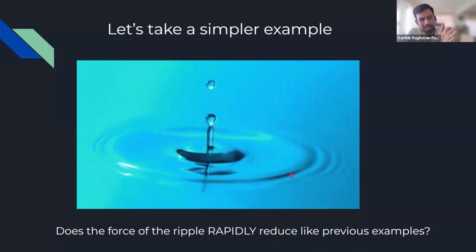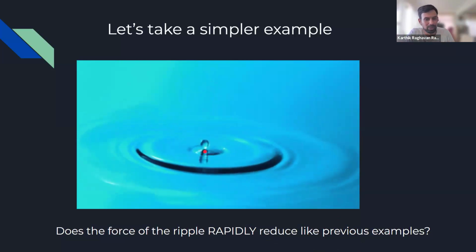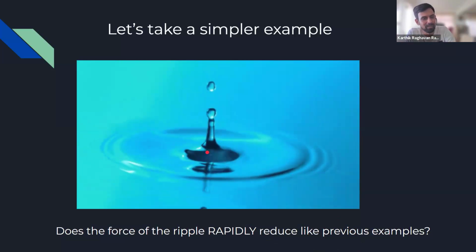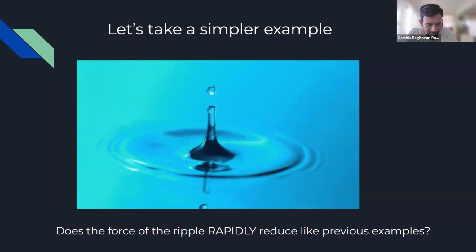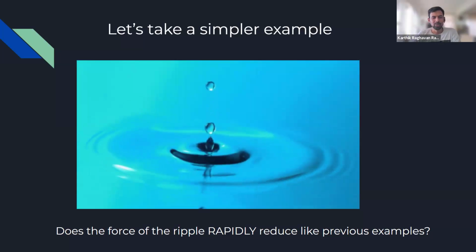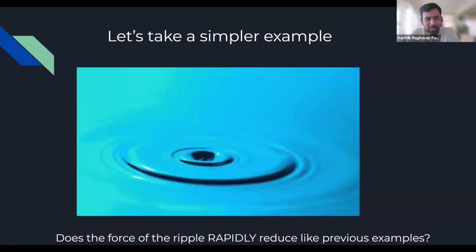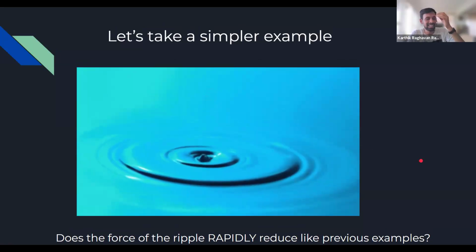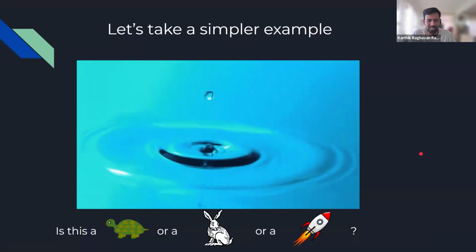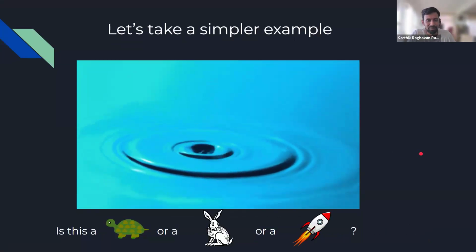We all know that force reduces as you go away from the source. So the source is here. As you go away from that, the force is reducing, the energy decreases, correct? Now, the question that I want to ask you all is, how does it decrease? Does it decrease like a tortoise or like a hare or like a rocket, right?